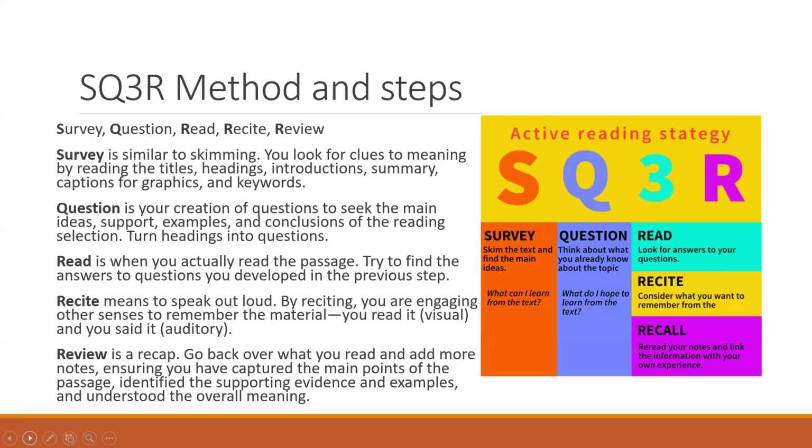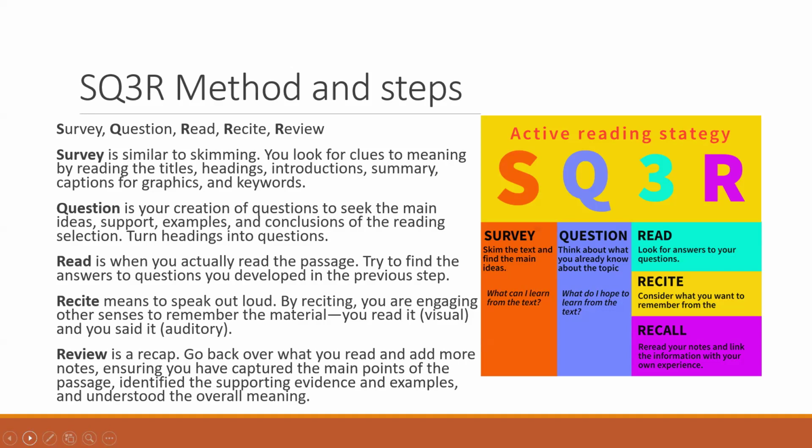And so the SQ3R method and steps is the most prominent strategy we use for reading. So you definitely want to be able to break this down and know it. The active reading strategy. So it's an S, a Q, and three R's. So the S is survey.